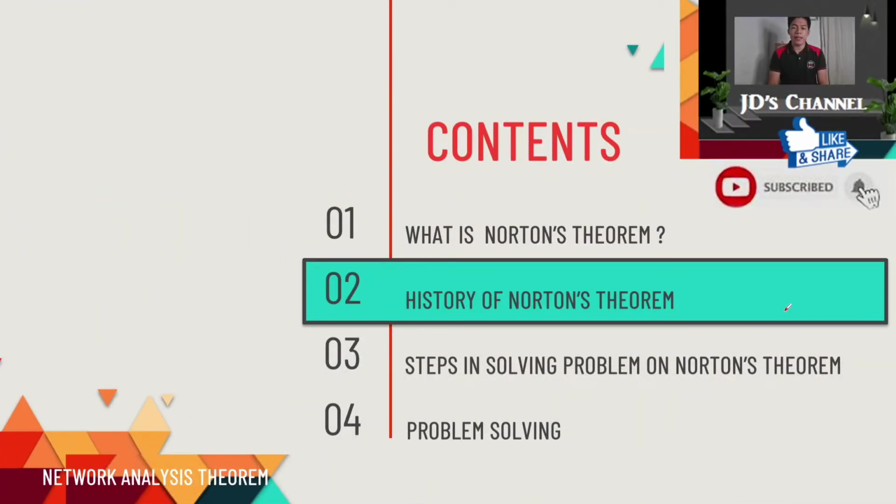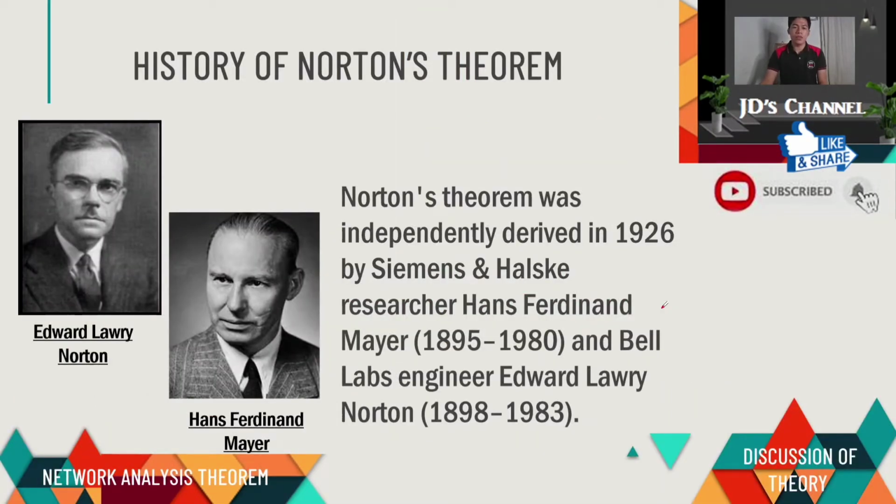Go now sa ating history ng Norton's Theorem. So, eto yung mga tao na nagkaroon or naglaan ng oras sa pag-aaral sa theorem na to. So, Norton's Theorem was independently derived in 1926 by Siemens and Halske researcher Hans Ferdinand Mayer.